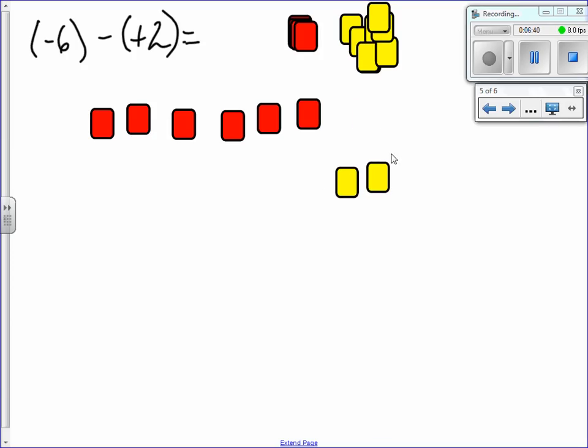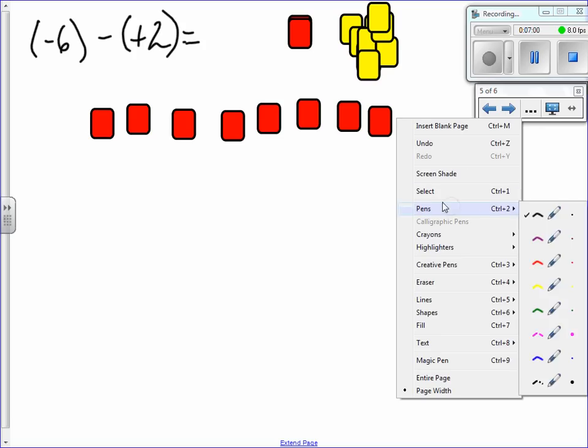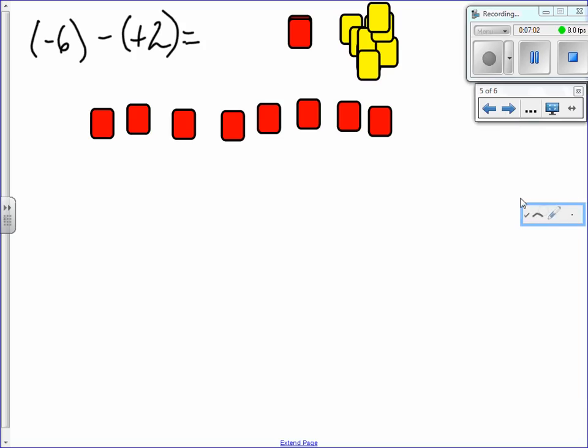But if I'm going to add these 2, I have to put out 2 more of these to offset them, right? To cancel them out. So if I take away that plus 2, that positive 2 that's here, so 1, 2, it leaves me with 1, 2, 3, 4, 5, 6, 7, 8. In other words, minus 6 minus plus 2 is negative 8.